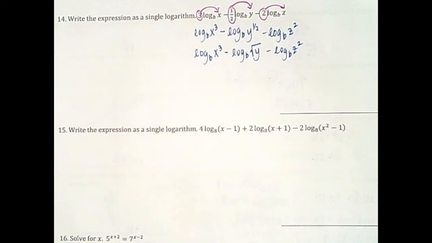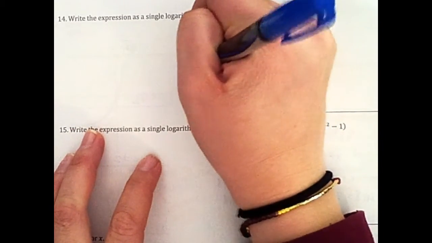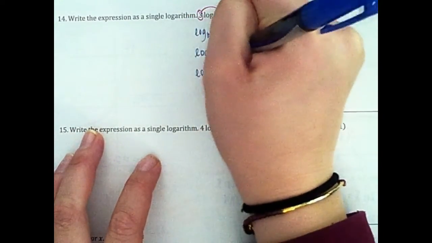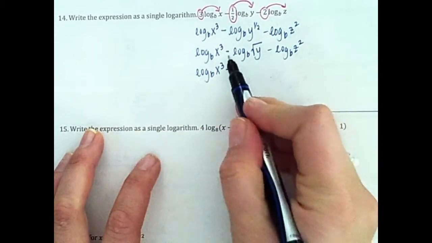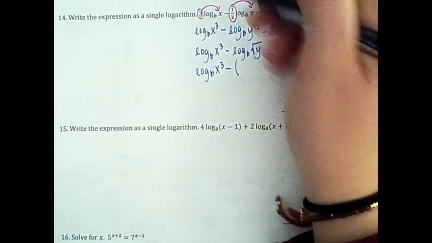It was similar to this with the 2 subtraction signs. And some of you guys got a little confused with the 2 subtraction signs, and you were thinking it was division and then division again. It kind of helped you guys when we factored out that negative. So I'm going to rewrite this as log base b of x cubed minus, because they both have a minus, I'm going to factor out that whole thing.